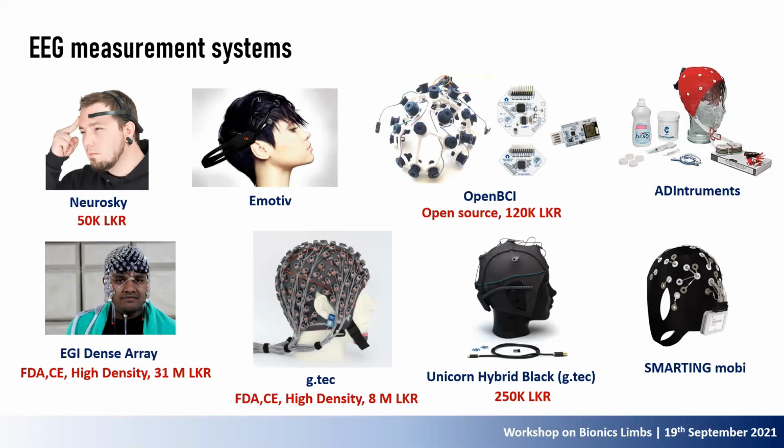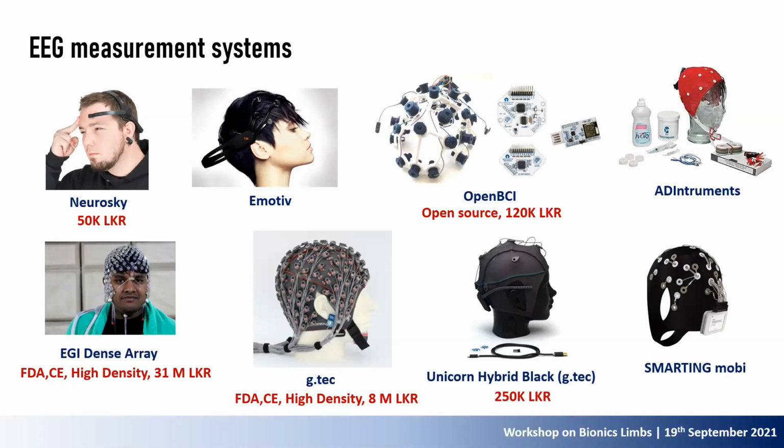For example, the EEG system I used in Japan had 256 electrodes, and in the Bionics Lab at the University of Moratuwa, we have a g.tec system which has 64 electrodes. These are really high density EEG systems which have FDA and CE certificates, so that we can use them for research as well as clinical studies.